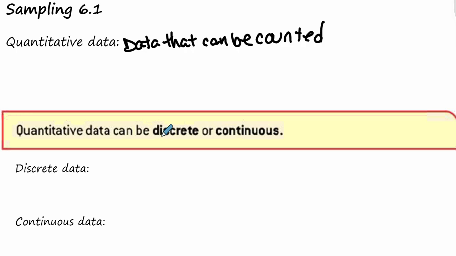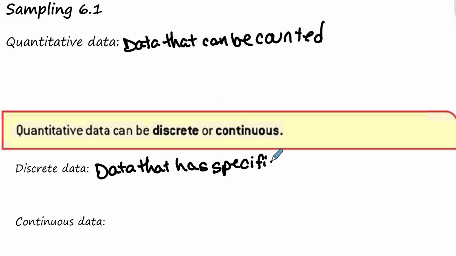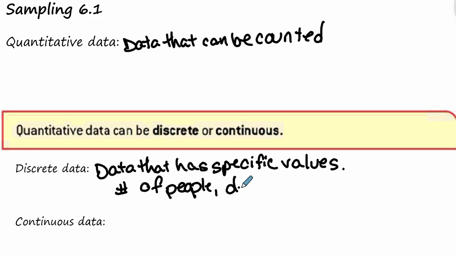So for discrete data, this is data that has specific values. Even though it could be infinite, it could be things like number of people, the number of desks, or your shoe size.